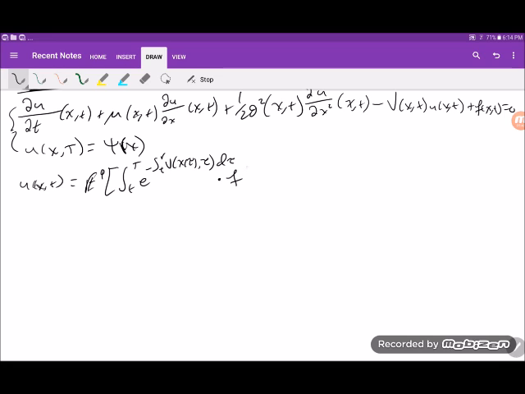And this is multiplied by this term, times that psi function of the terminal x, given that x at t equals some little x.